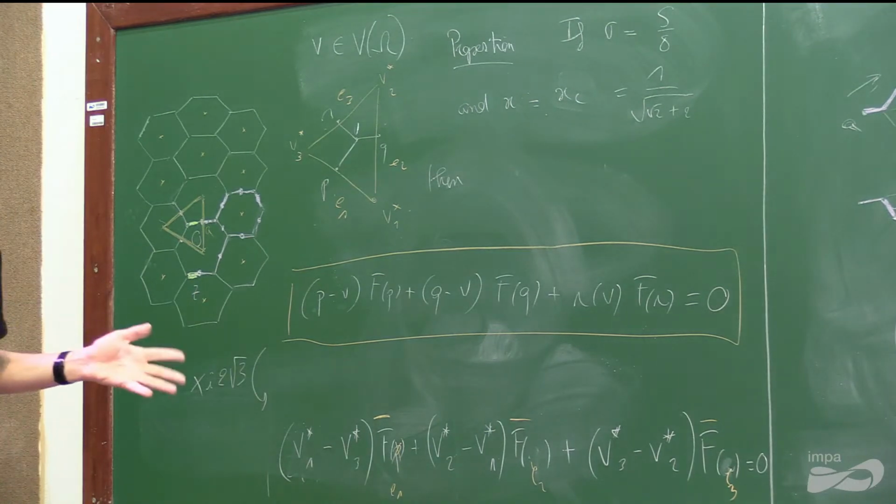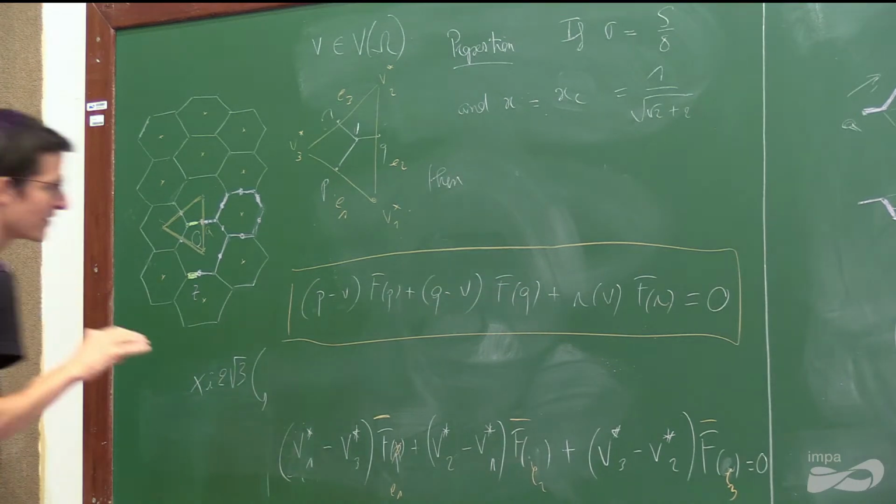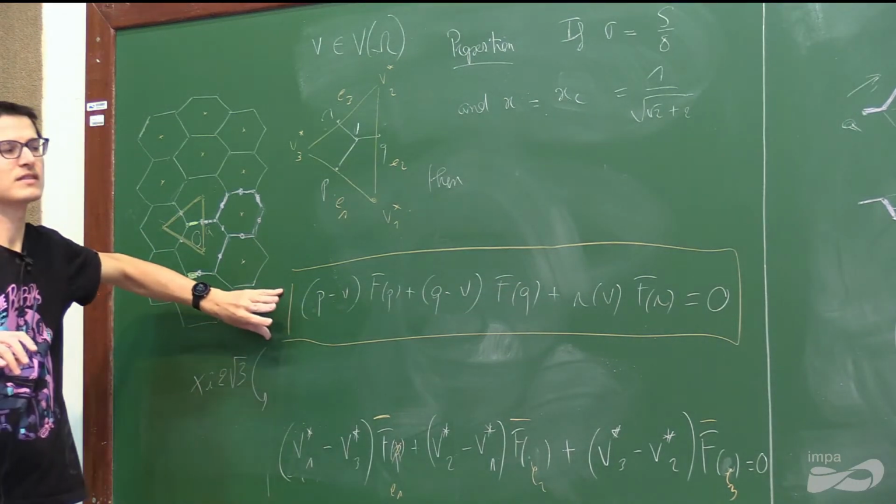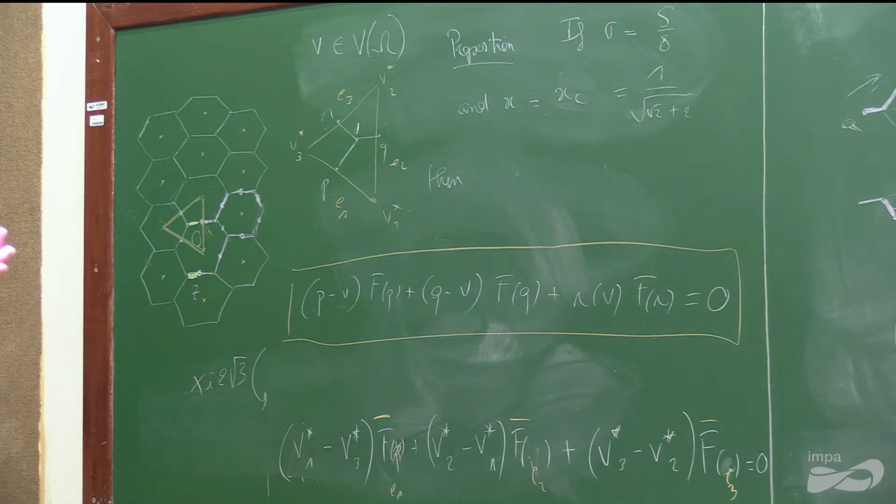And for the moment, people have just used this identity to get the value of the connective constant, but maybe there is more in front.